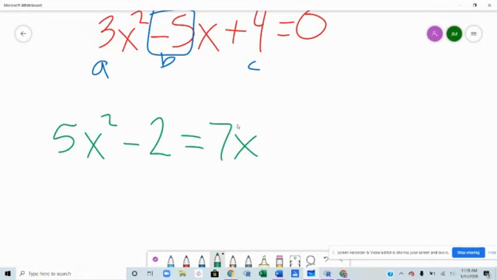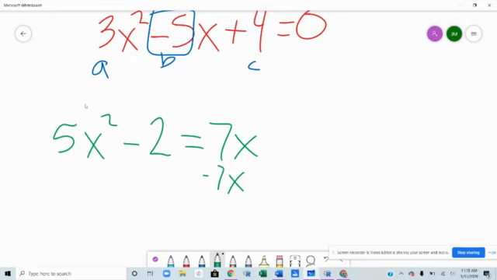I have this 7x that needs to move to the other side, which we've talked a lot about how to move it to the other side. It is a positive 7x, so you should move it by subtracting 7x. And we're going to move it to the other side. If there was a like term, you would combine it with its like term. But in this case, there's not, because x squared and x are not like terms. So instead, you kind of want to just place it where it should go.